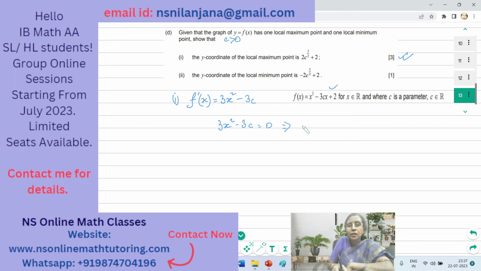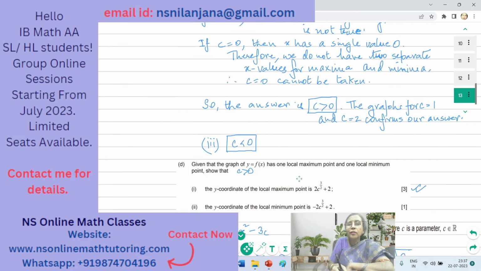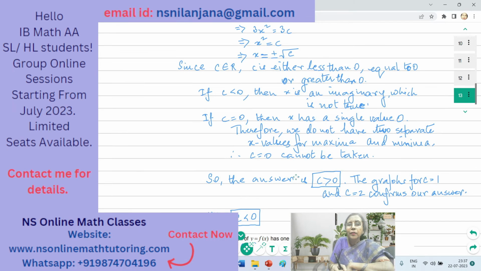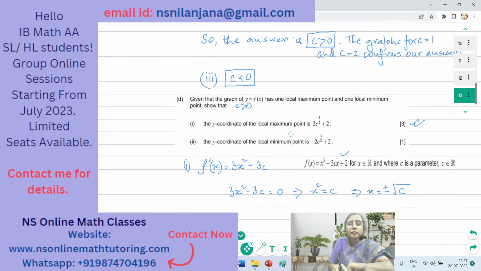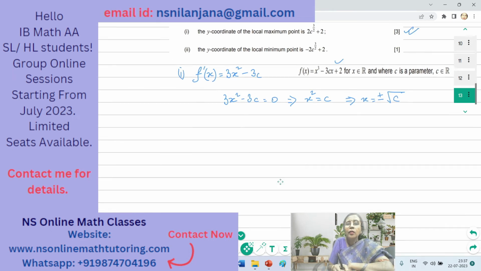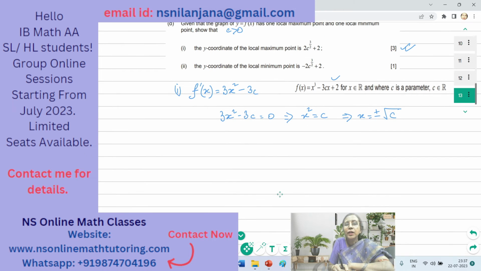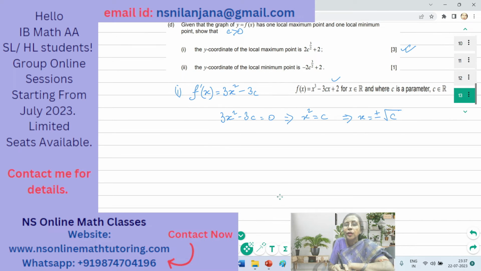So this is x squared equal to c and x equal to plus minus square root of c. We have found this in our previous subpart as well, subpart c, x equal to plus minus square root of c. Now, and c is greater than 0, of course.